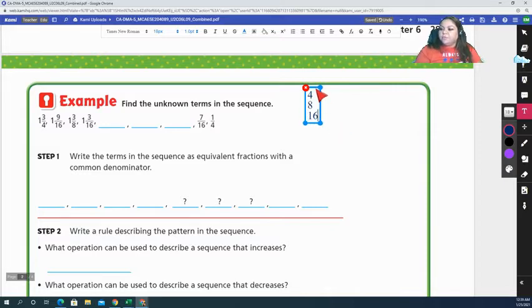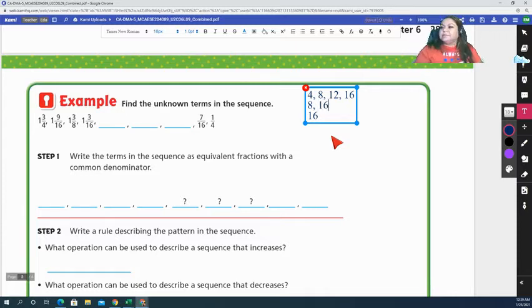Now, I already know right off the bat that 16 will be my common denominator because I know that 16 is a multiple of both 4 and 8. But if you don't know, you could just write in 4, 8, 12, 16. And you can stop at 16 because I already see that that's common with one of my other multiples, the 16.